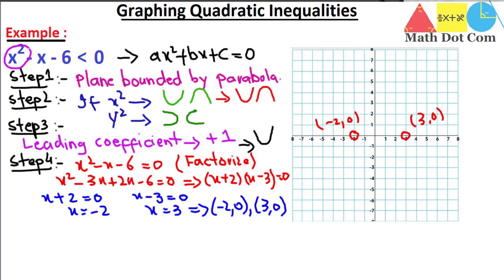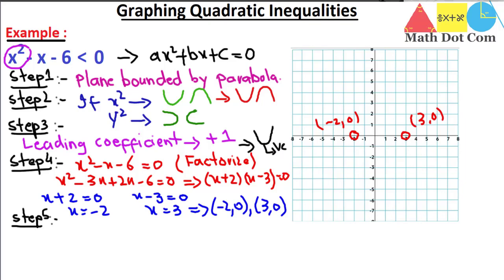Now the next step is we have to find the vertex of the parabola. In easy words, or in layman's terms, the vertex is the point where there is a peak of the parabola. If I draw here for your ease, this point will be the vertex.